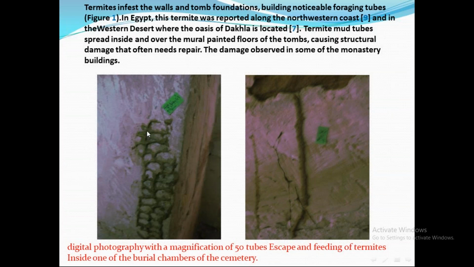In these pictures, taken by digital microscope photography, we can notice magnifications of 50 of tubes escaping and feeding on the wall of mud brick inside the tombs, in the burial chambers of the cemetery.